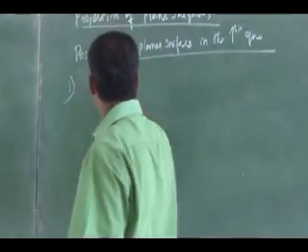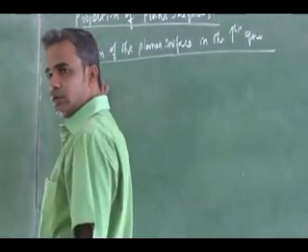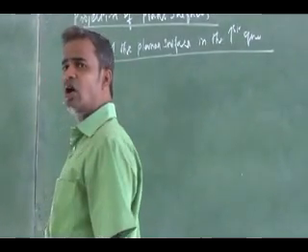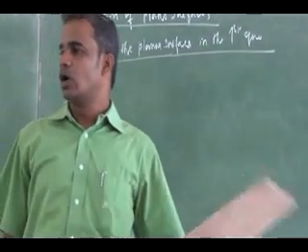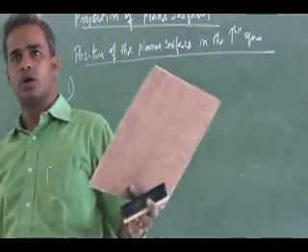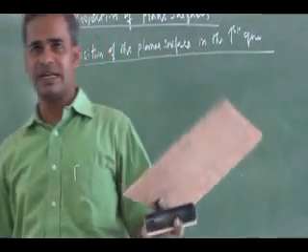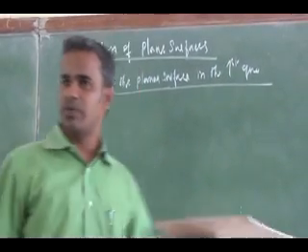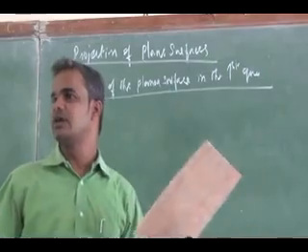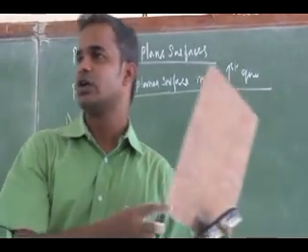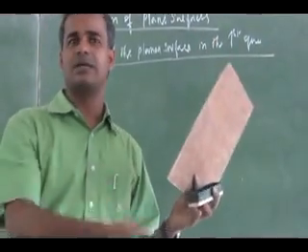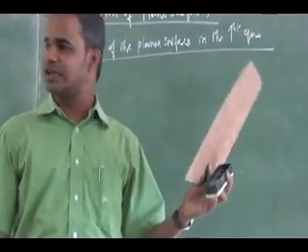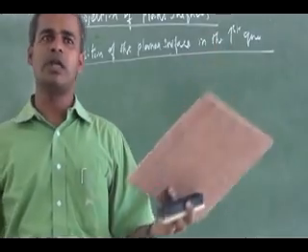So this is one orientation I have. Broadly I can classify the planes as perpendicular planes and oblique planes. If a plane is perpendicular to one plane, then it is a perpendicular plane. If it is inclined to one plane and perpendicular to the other, you have an oblique plane.